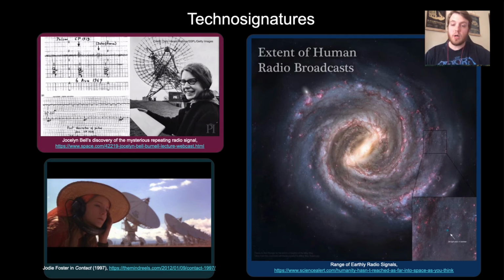These were regularly spaced pulses in radio light that were detected from a specific location in our galaxy. And the regularity of these pulses struck Dr. Bell and Dr. Hewish as very odd. There were very few things, at least in their time period, that were so regular and constant in time as this signal.